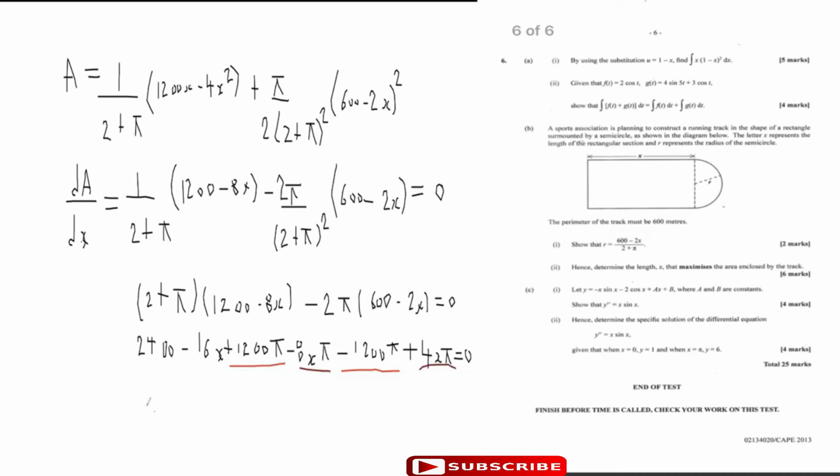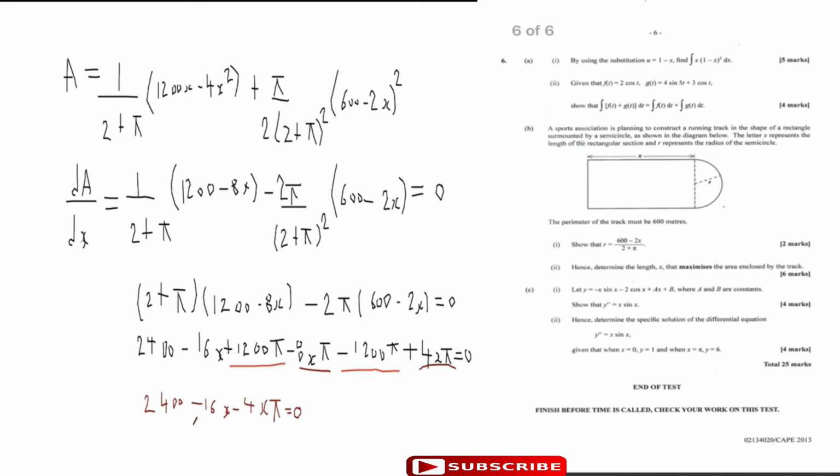So what we're really getting is 2400 minus 16x minus 4x pi is equal to 0. All right. Now we can solve for x.